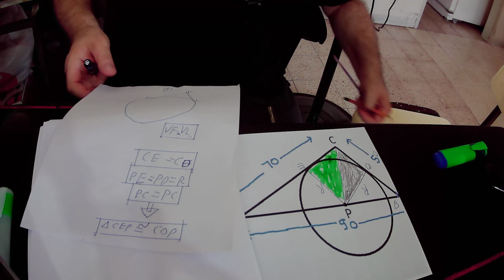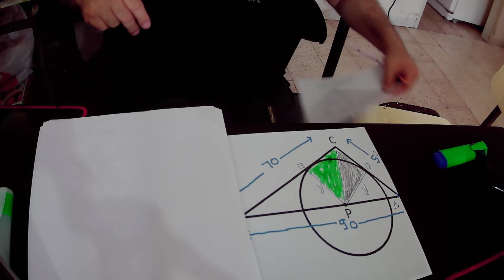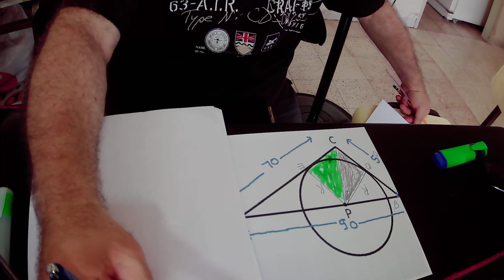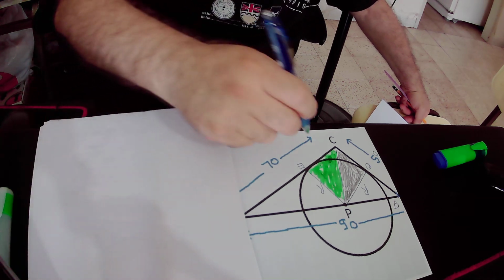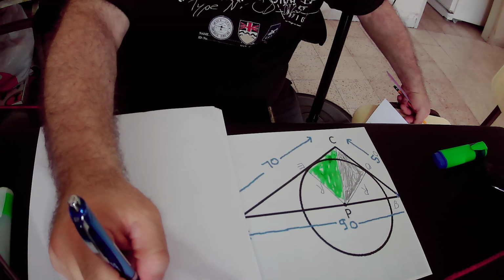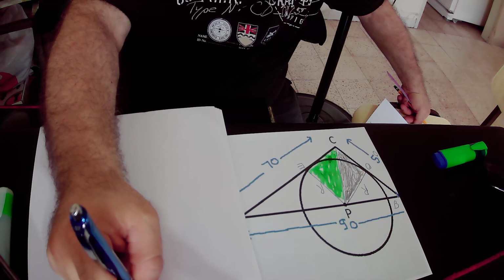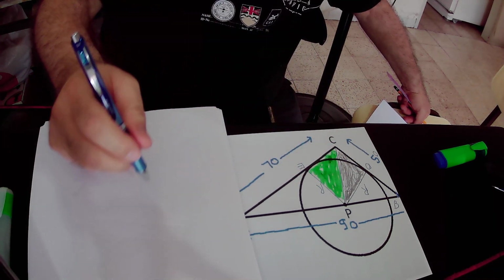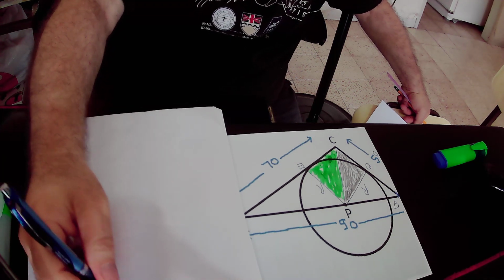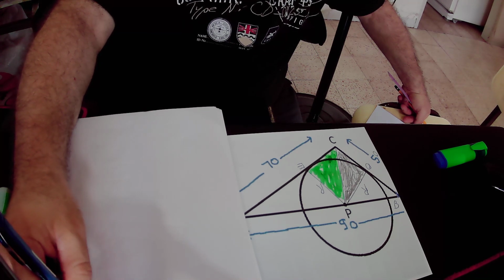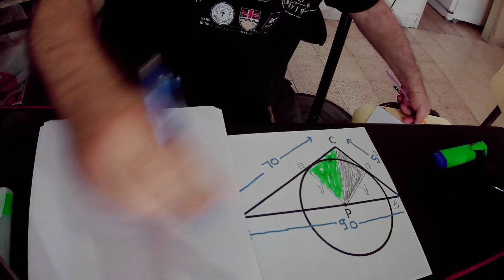Okay, and from that fact we can deduce that angle ECP of the green triangle equals angle OCP of the black triangle.